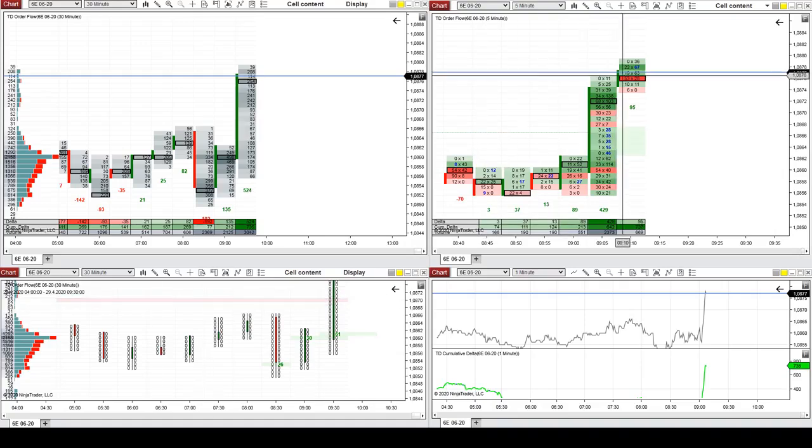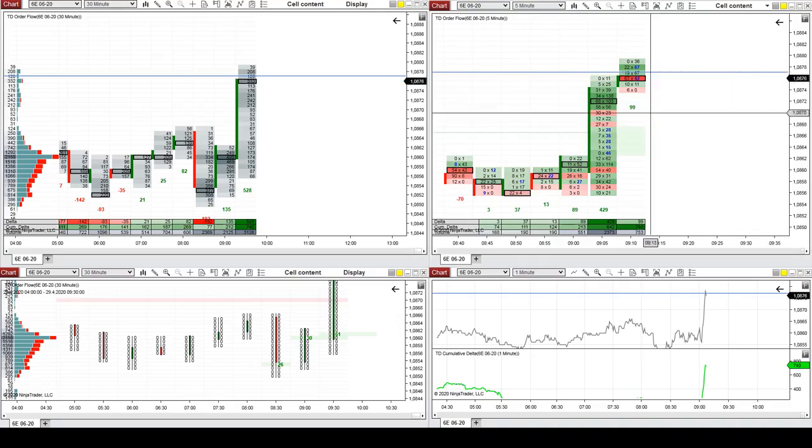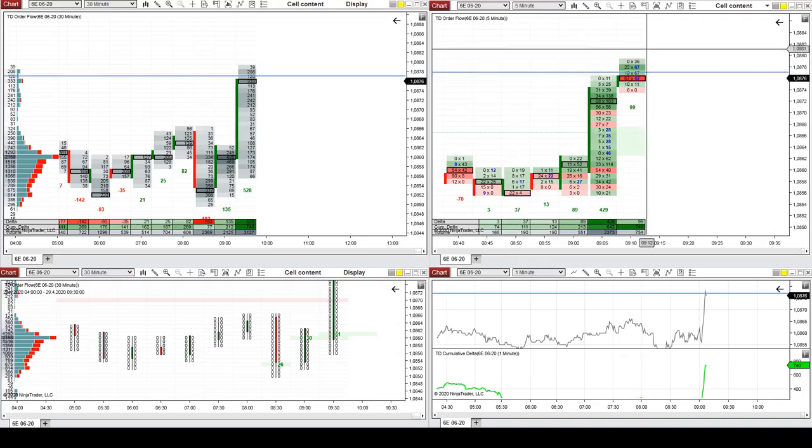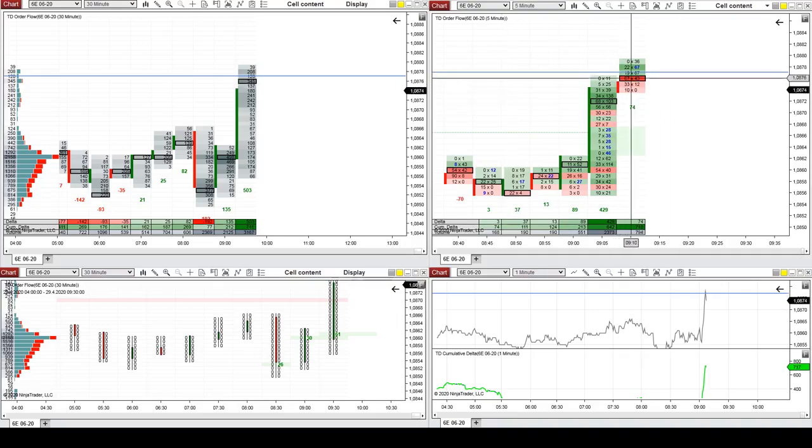More sellers jumping in. Now, if there wasn't this resistance level, I wouldn't really consider going short. But because there is this resistance level, I want to see any sign of sellers entering the market. And I think that we are seeing the sign right here.